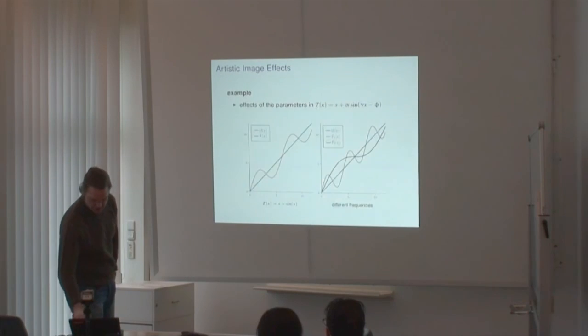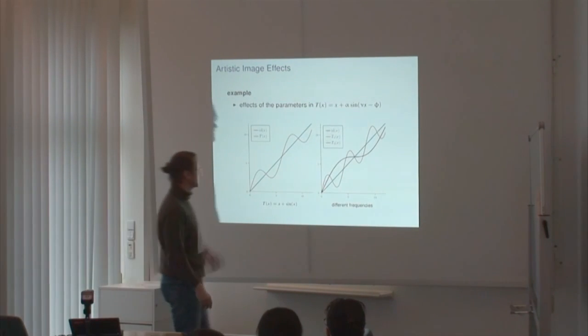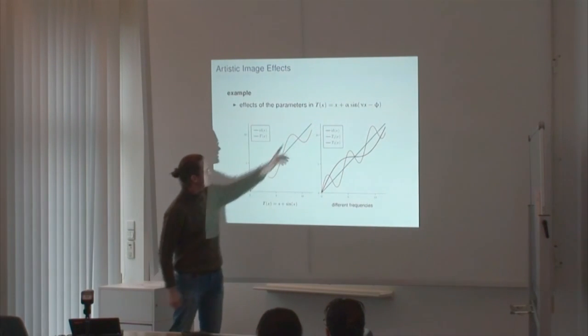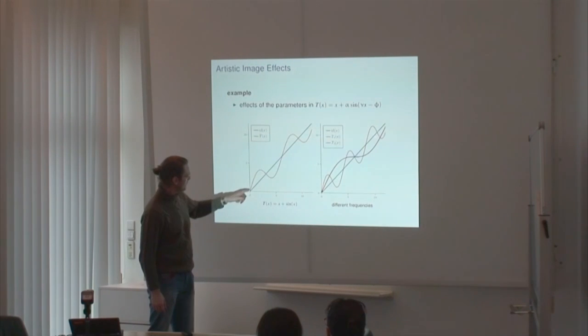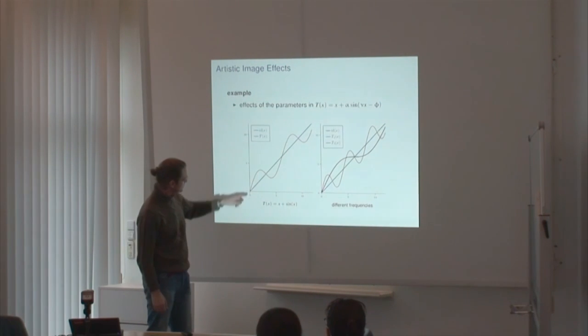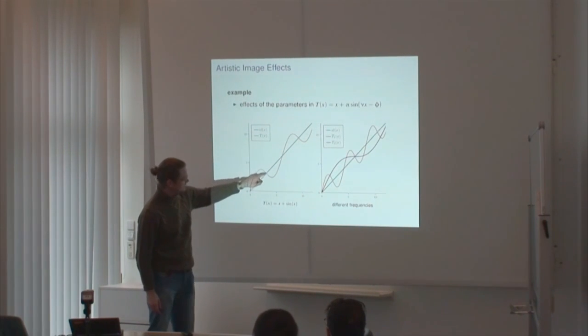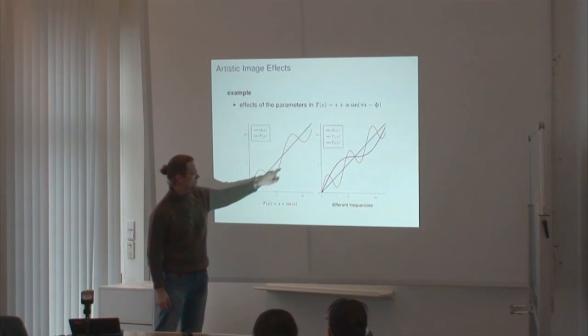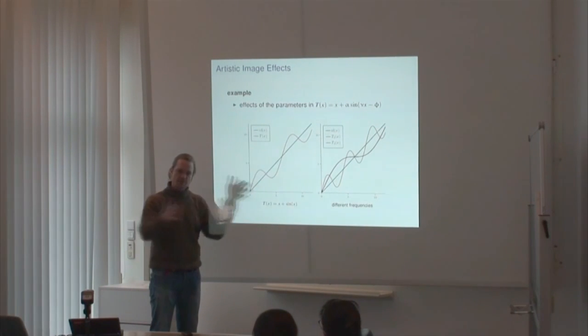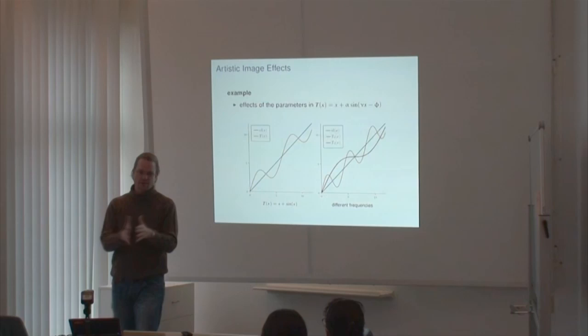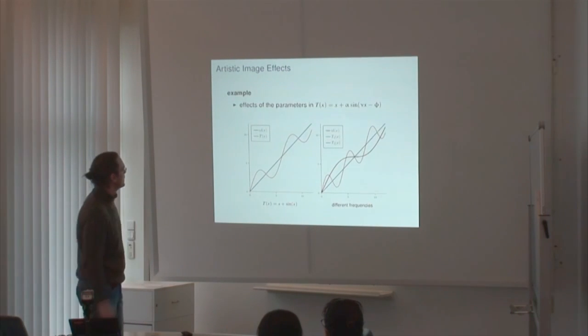Here is again the identity function. Here we add sine to it. You see that at some points we have something that is larger than the identity, at some points something that is less than the identity. So this gives this stretching and squeezing effect, right?